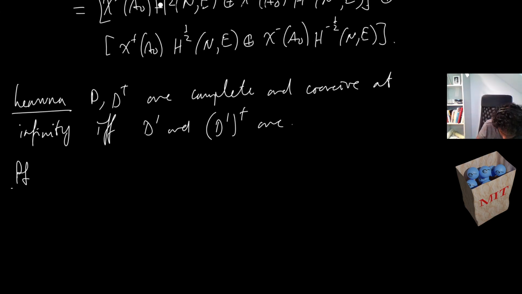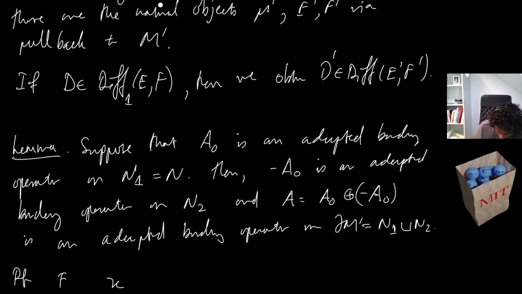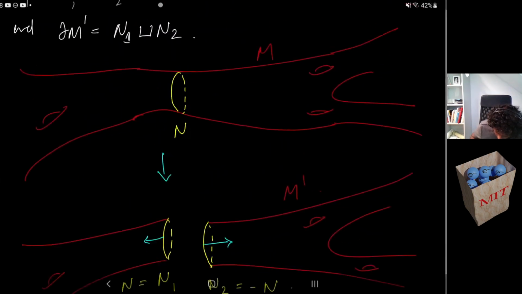Okay, so why is that true? Well, this follows from the definition using the fact that N is compact. So I hope I said that N was compact. Maybe I didn't say that.